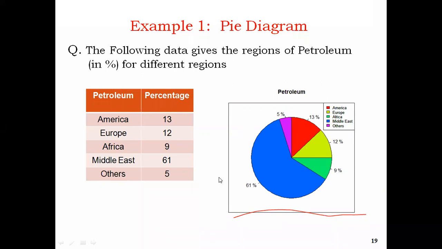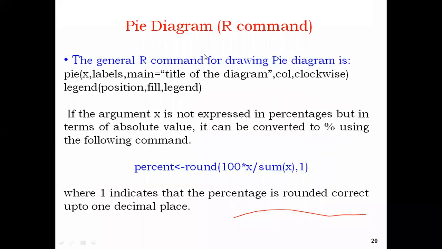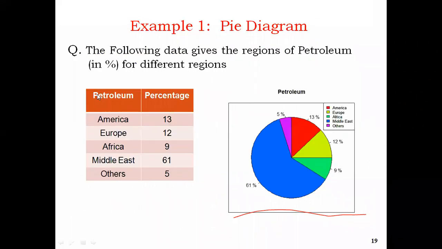So now you see the codings, the commands for how we can draw this pie diagram. This is the general command: you write pie, then x. X means the petroleum percentages given here.